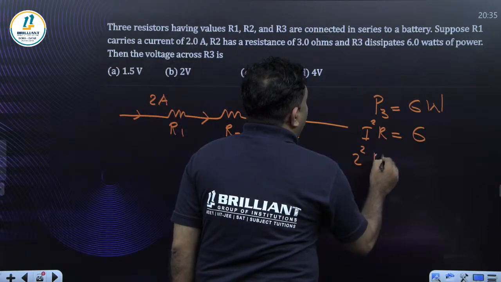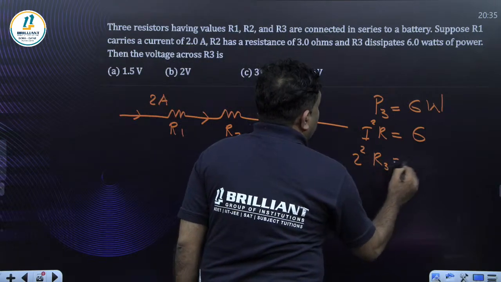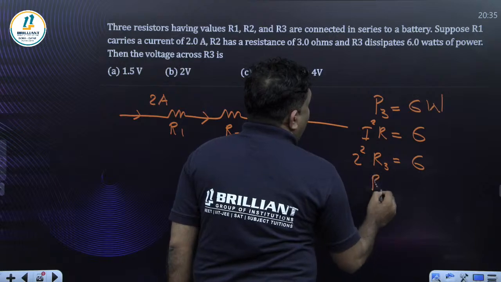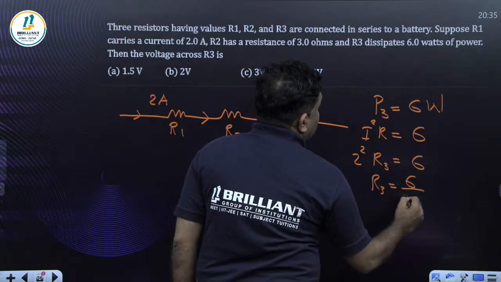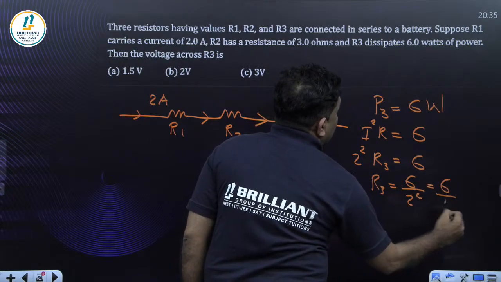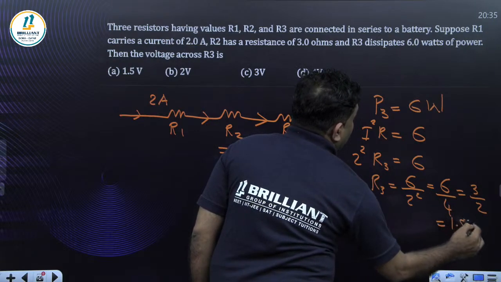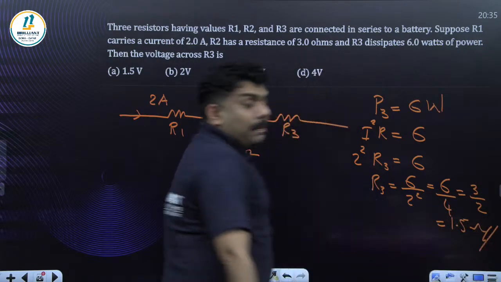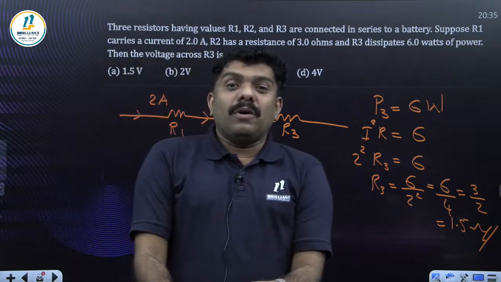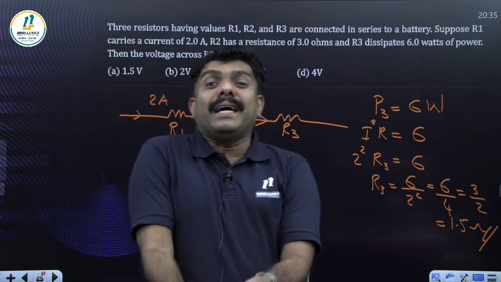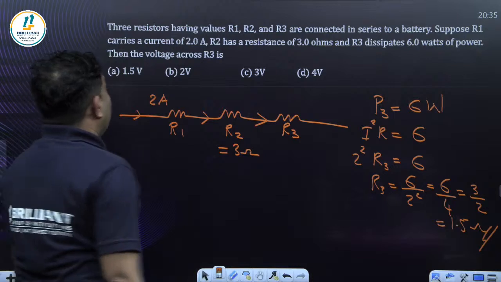So 2 square R3 is equal to 6. So R3 is equal to 6 by 2 square, 6 by 4, that is equal to 3 by 2, 1.5 ohm.